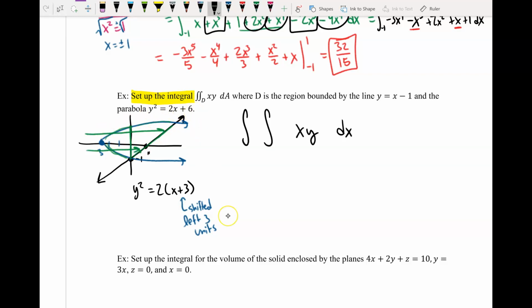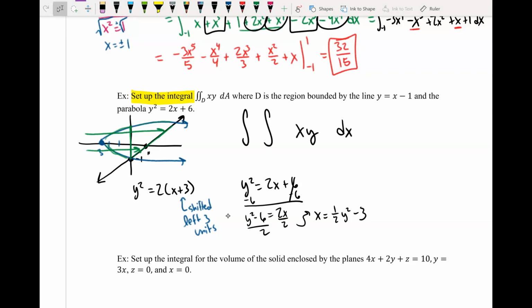So all we really have to do is make this in terms of x. I have to solve for this, minus 6. So 2x equals y squared minus 6, divided by 2. So you get that x is equal to 1/2 y squared minus 3. So that's what's going to go in here: x equals 1/2 y squared minus 3.